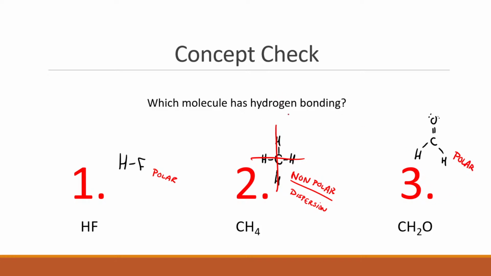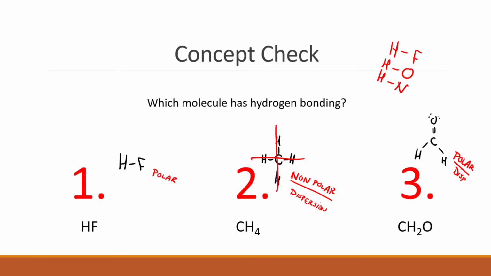Now, to tell the difference, which one has hydrogen bonding and which one doesn't: does this molecule have H connected to F, O, or N? The answer here is no. This is only dipole-dipole at its strongest.